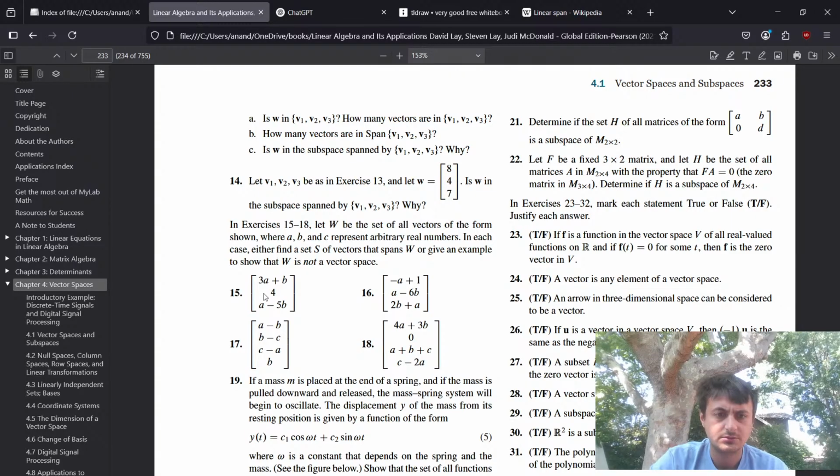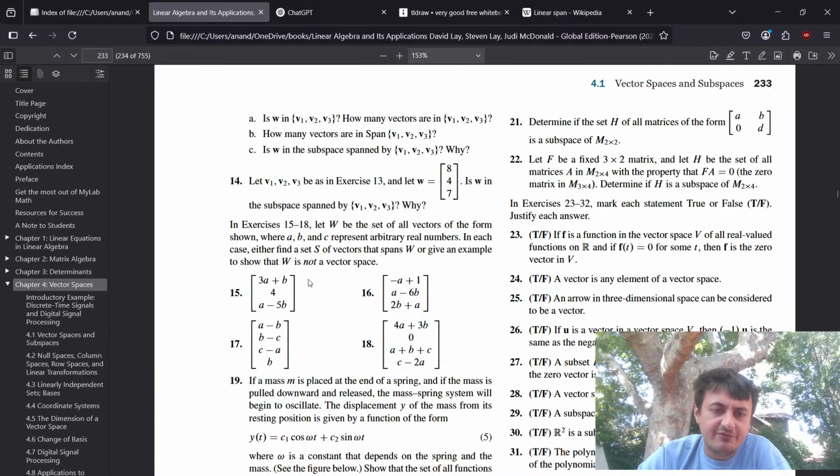Wait, let me think. All right, if we write it in parametric vector form, we get (0, 4, 0) plus A times (3, 0, 1) plus B times (1, 0, -5). So what I'm saying is you take A and B equal to 0, and then you get (0, 4, 0).